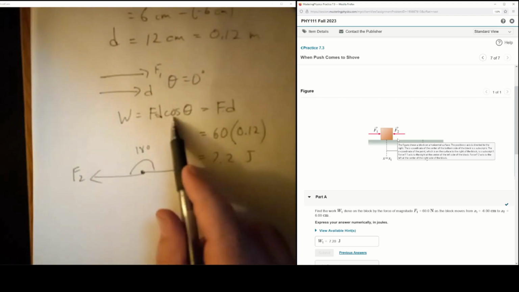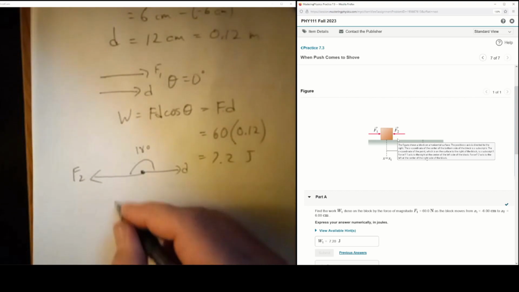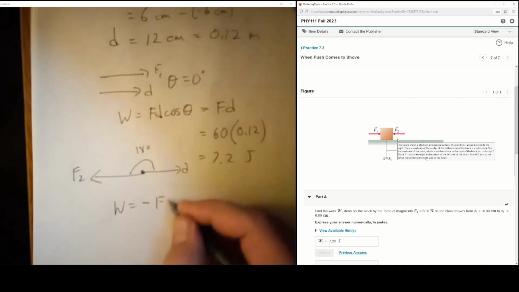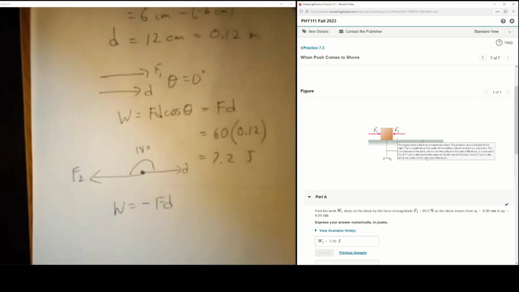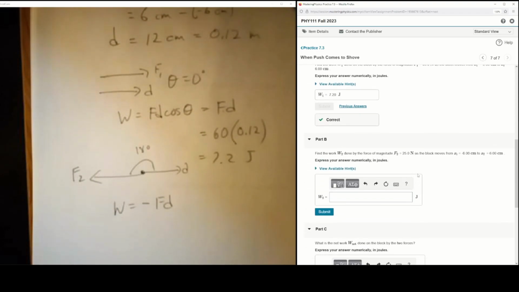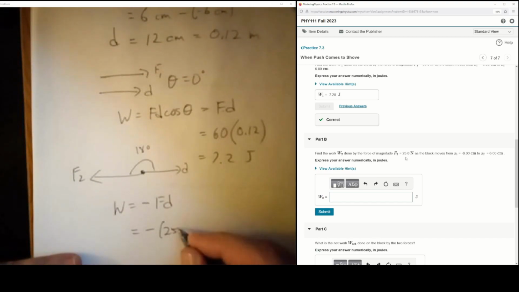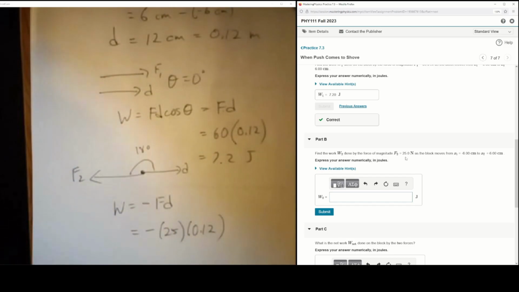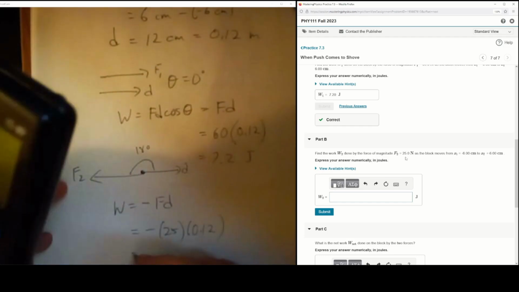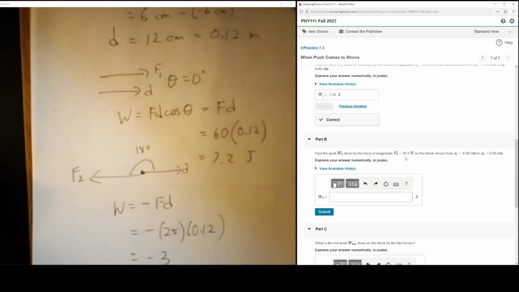So cosine 180 is -1, and we get a minus force times displacement. For force 2, it's 25 newtons, and the displacement is 0.12. And we get -3 joules.